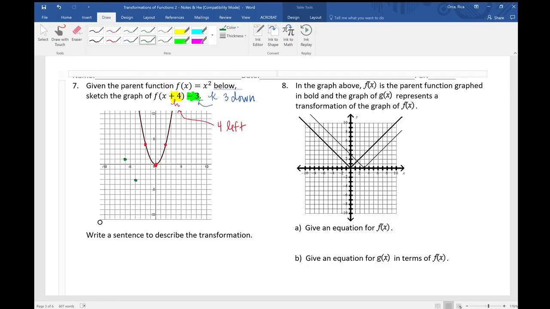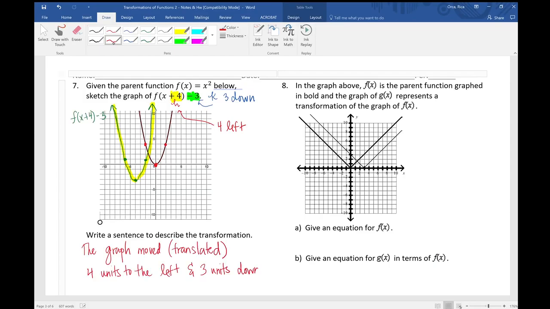And finally, let's move (2, 4), 4 units to the left and 3 units down. Draw the graph. The graph moved 4 units to the left and 3 units down.